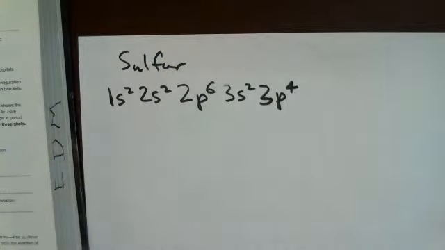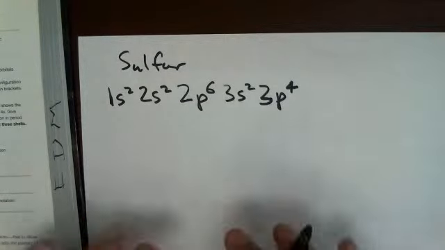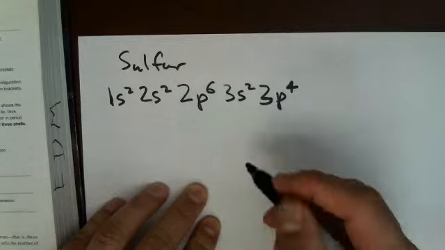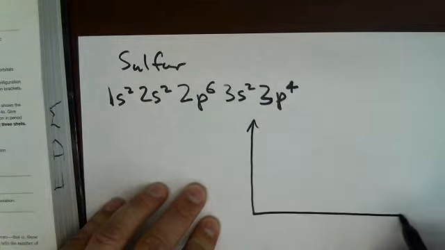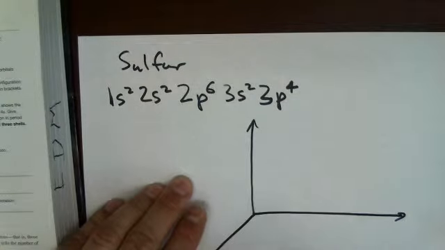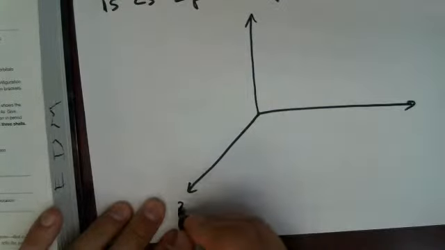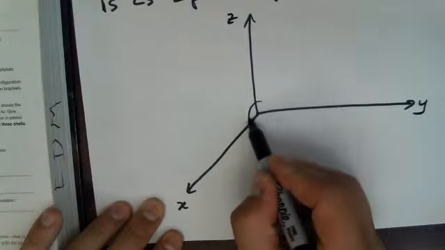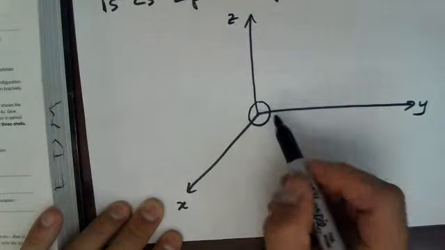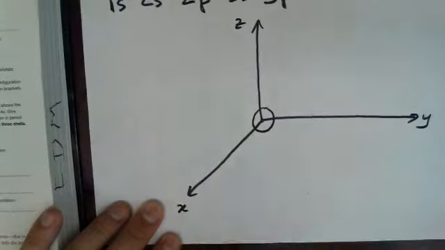And so all this is saying is it'd be very messy to draw, but just consider it in 3 dimensions. The 1s orbital would be this sphere in here. So right in the middle here would have the nucleus with all the protons and the neutrons.